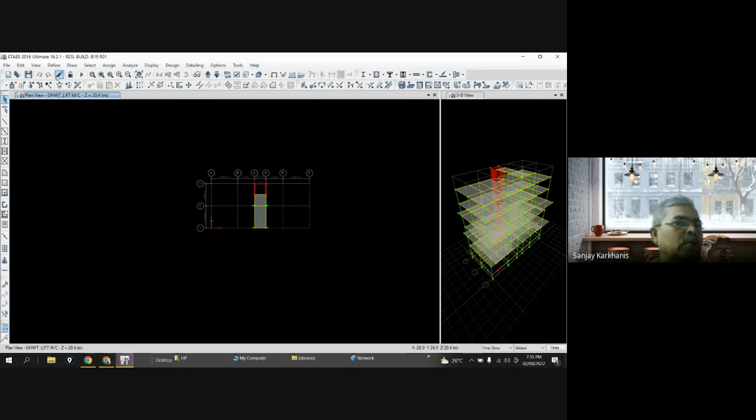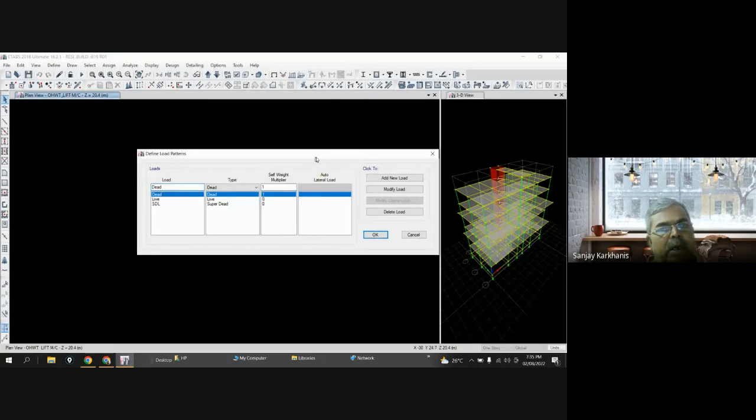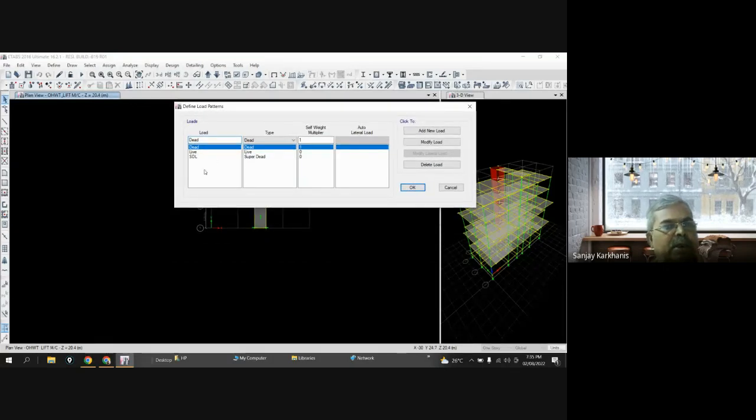So you have to go to define, under load pattern click on it, and here you will see that I'm going to type earthquake data, that is earthquake in X direction. I will say EQ in X direction, or you may use any name.